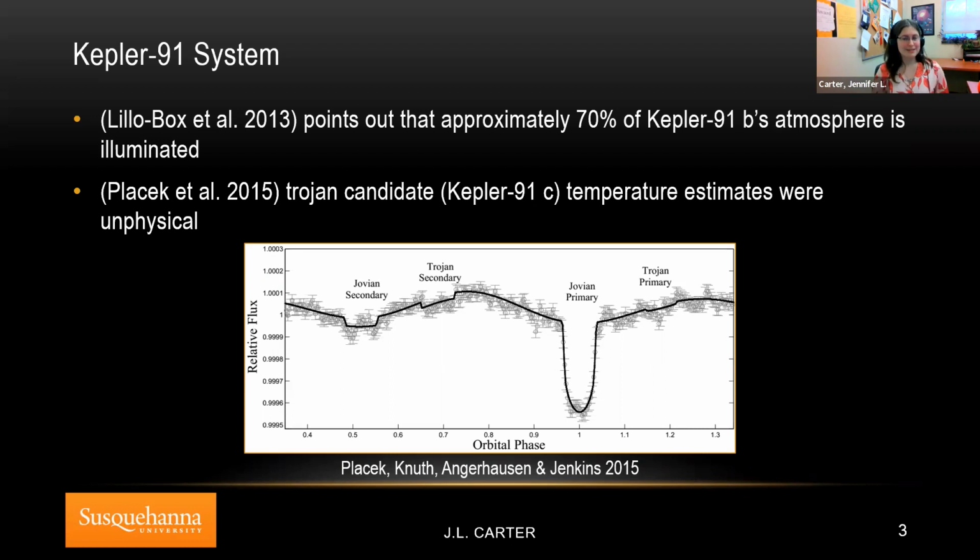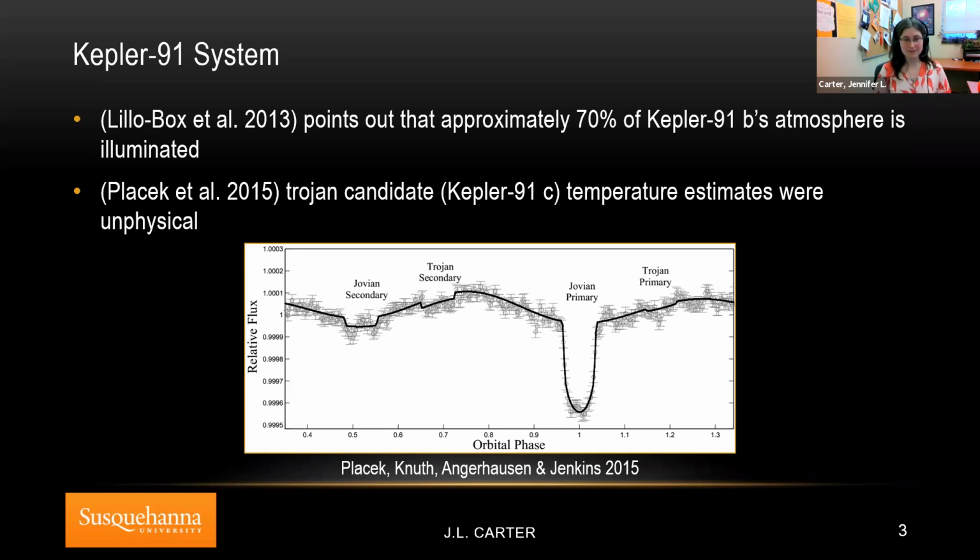But they ended up dismissing this as a false positive because using Bayesian data analysis and their forward models at the time, the temperature estimates for Kepler-91c and b were not physically correct. Things like the night side temperature being hotter than the day side temperature.